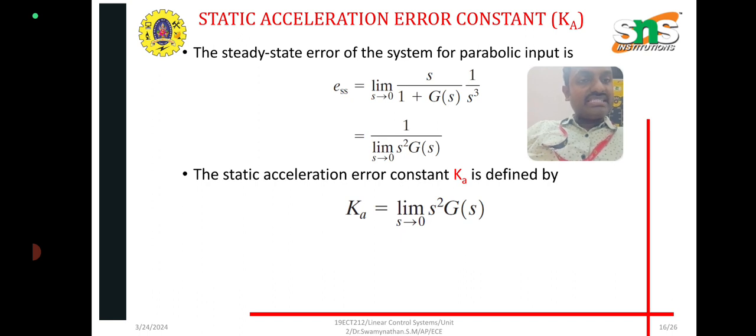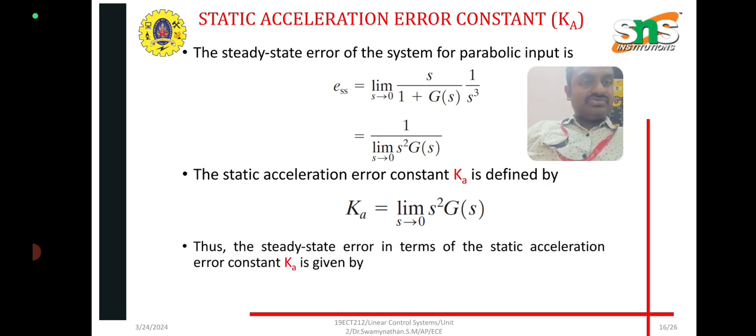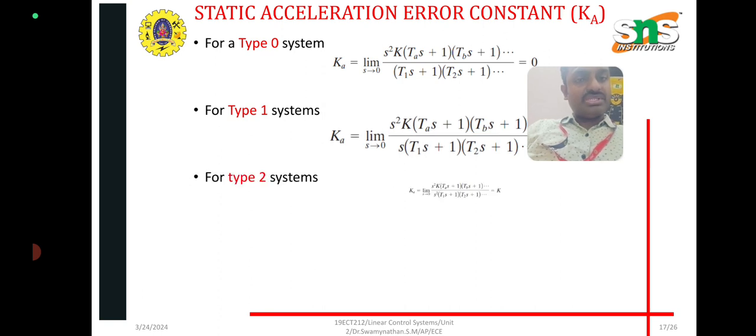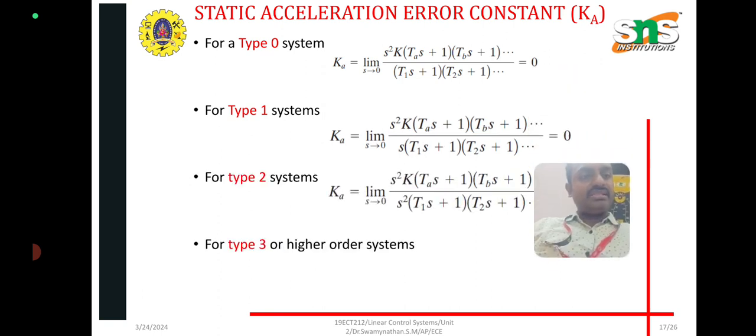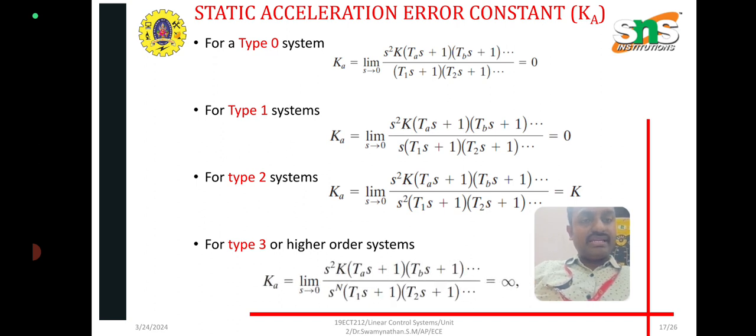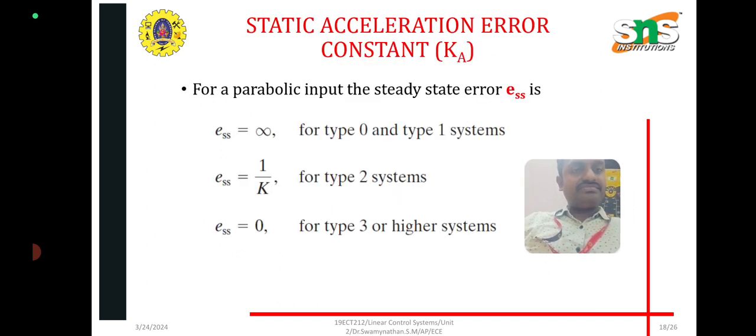Before, for velocity, we discussed s into G of s, and for position just G of s. So first 1 by s, next 1 by s squared, and for acceleration 1 by s cubed. So ESS equals infinite for a type 0 system and type 1 system, 1 by K for a type 2 system, and 0 for a type 3 system.